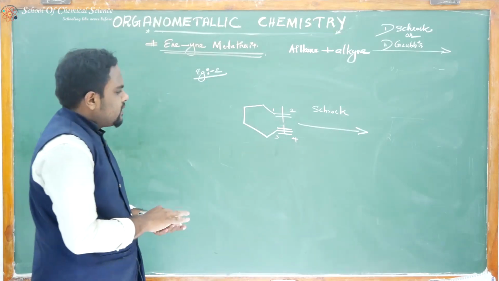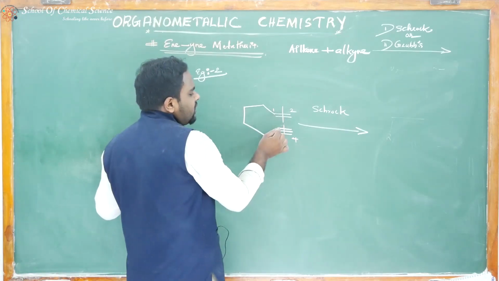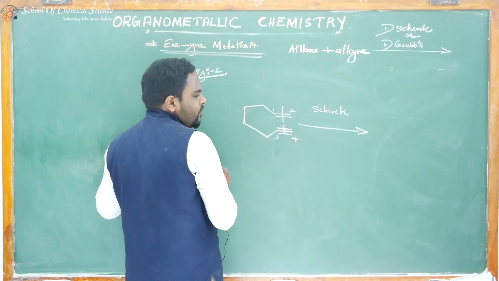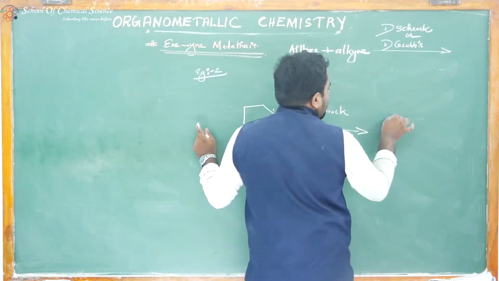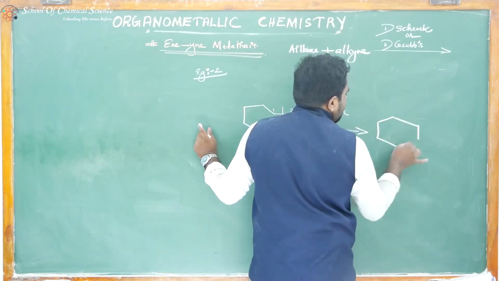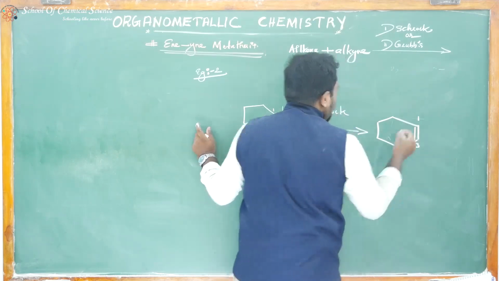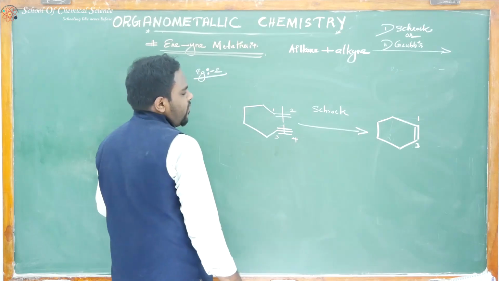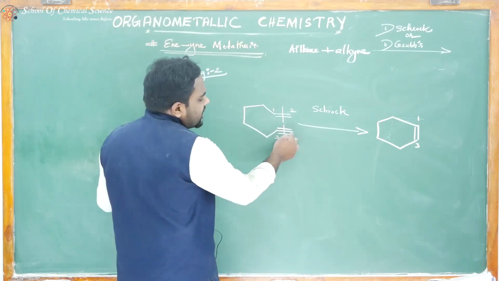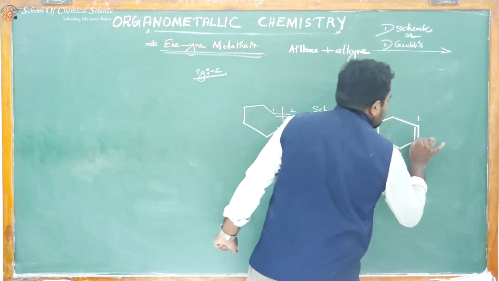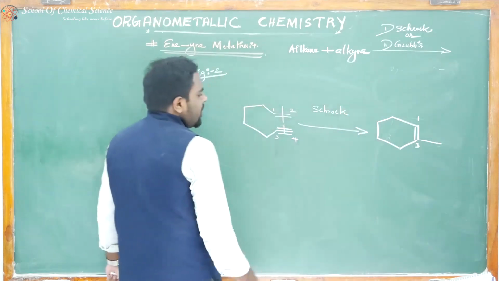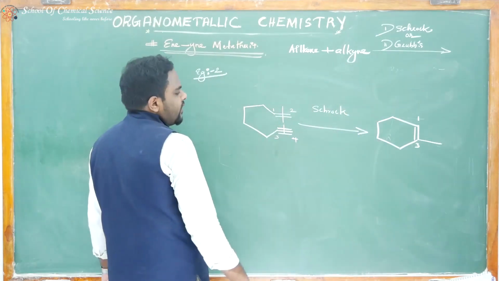Okay, then what happens? Between 1 and 3, a new double bond will be formed. Then 3 is connected to 4, one single bond is still remaining because the third bond does not undergo cleavage.